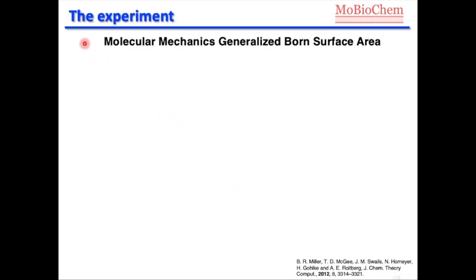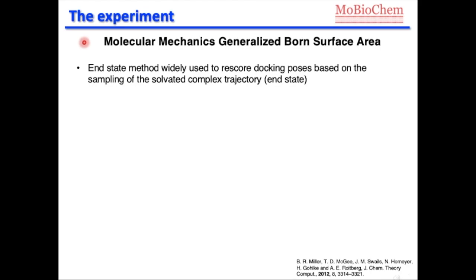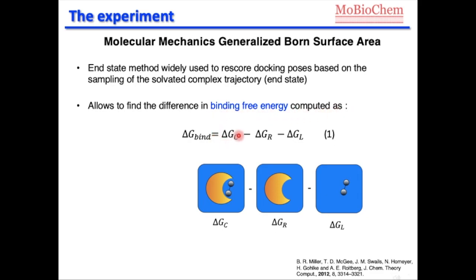The free energy of binding was evaluated with MMGBSA, Molecular Mechanics Generalized Born Surface Area. This is an end-state method which could be placed in the center of a spectrum of precision and computational cost, where on one end we see the scoring function of molecular docking, and on the other side we see the alchemical perturbation methods. This is because the method is only based on the solvated complex trajectory, also called the end state. The method allows to find the difference in binding free energy computed as the energy of the solvated complex minus the energy of the solvated receptor minus the energy of the solvated ligand.